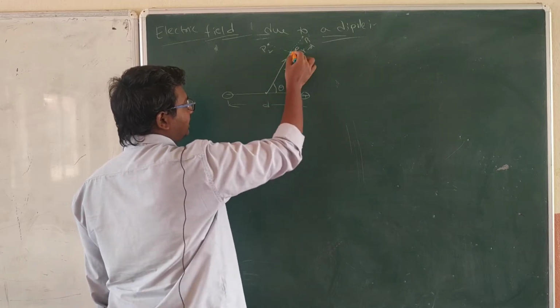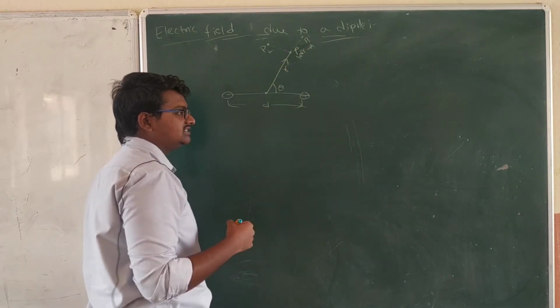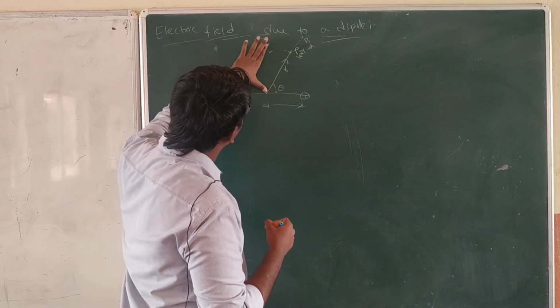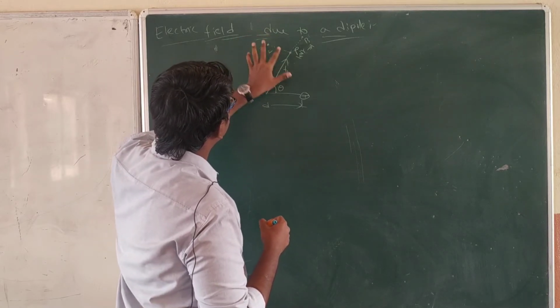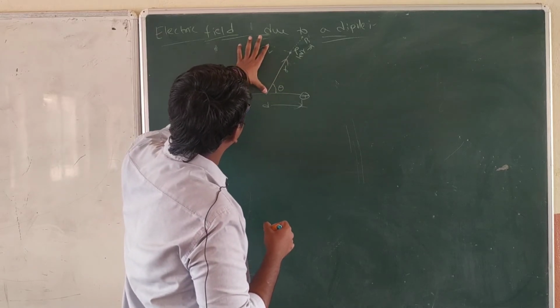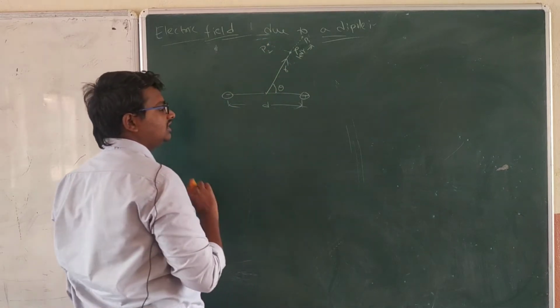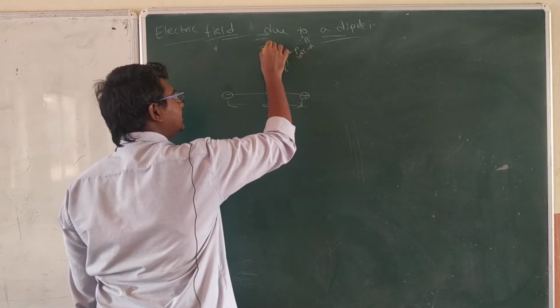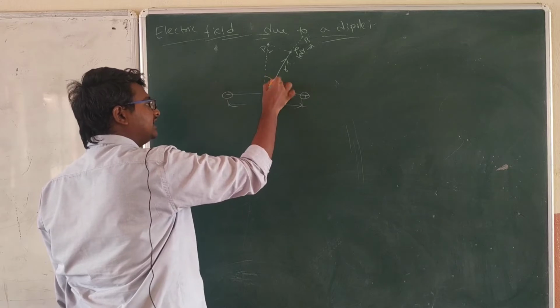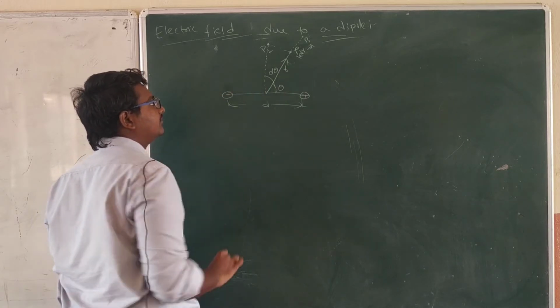If you consider here, the r value is not changing. Here it is r, and this is also r only, because this is a very small displacement. That's why this length and this length are the same. But what changed here? Here the angle changed by d theta.